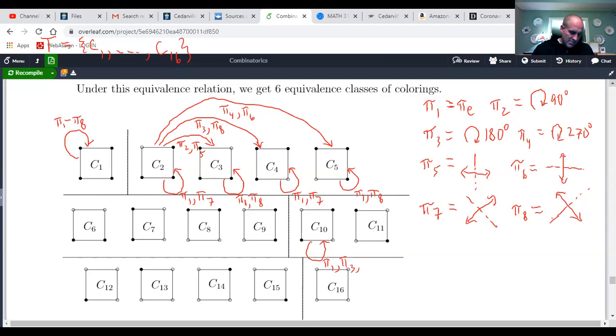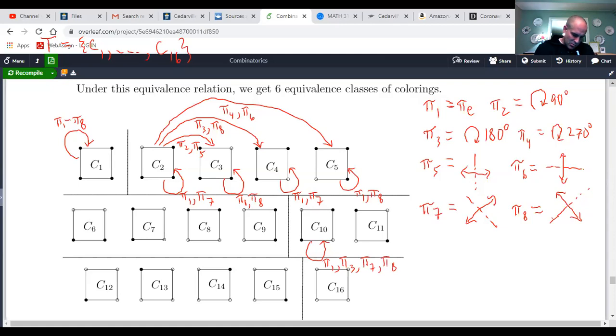What about pi 5? Reflection across the vertical line. No, that's going to change things. What about reflection across the horizontal line? No. What about reflection in the negative slope and the positive slope axes? Both of those fix this thing. So pi 7 and pi 8 both fix this thing.